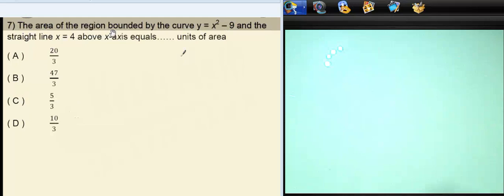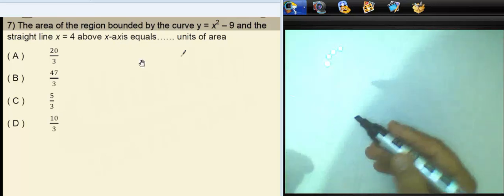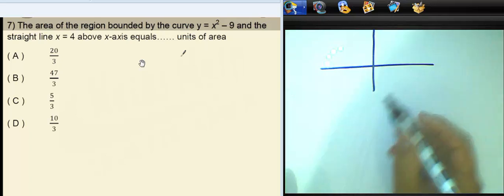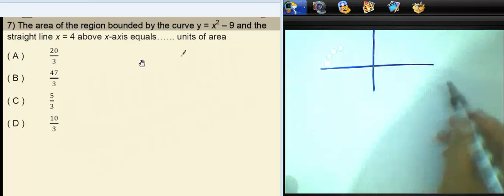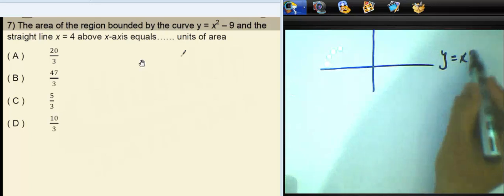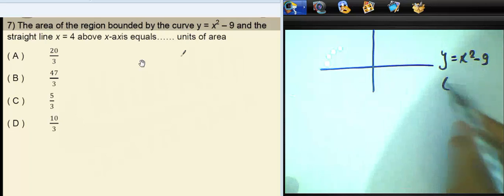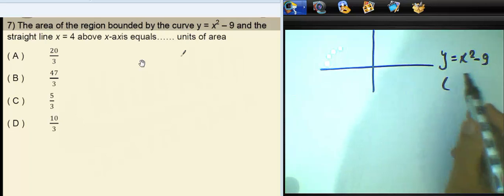Question 7. The area of the region bounded by the curve y equals x power 2 minus 9 and the straight line x equals 4 above the x-axis equals. Okay, he asked about the part above the x-axis and the curve of this function y equals x power 2 subtract 9. We can write the vertex of this curve here 0 and negative 9.